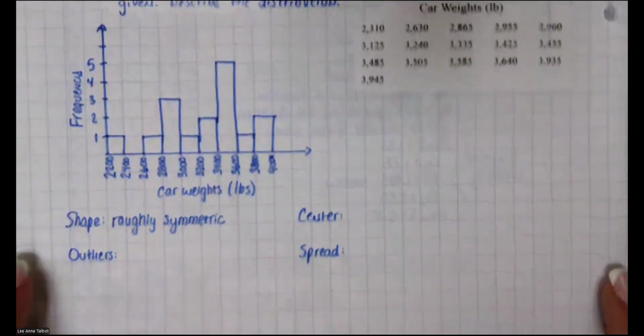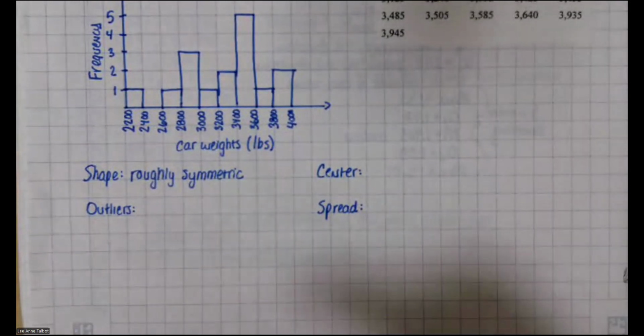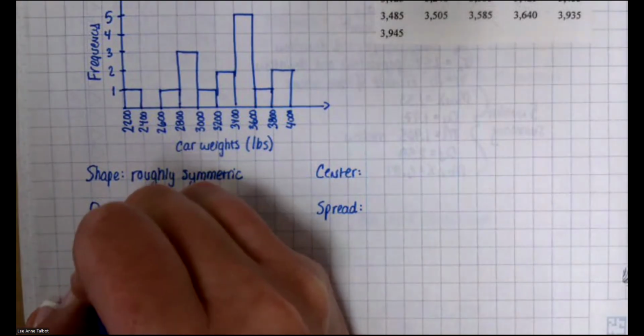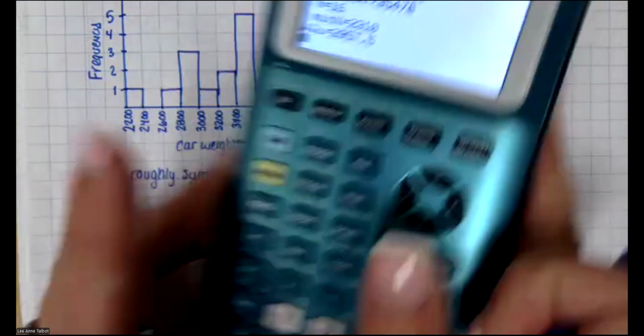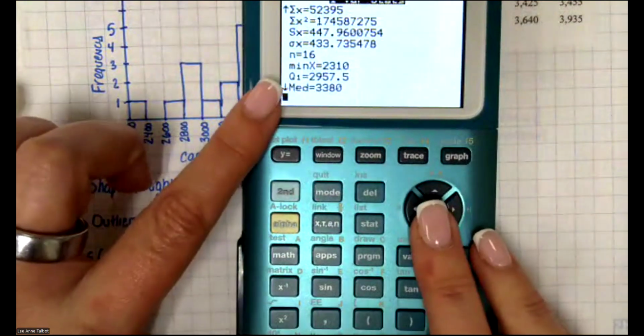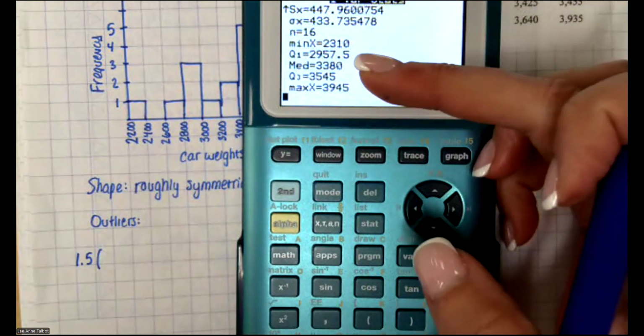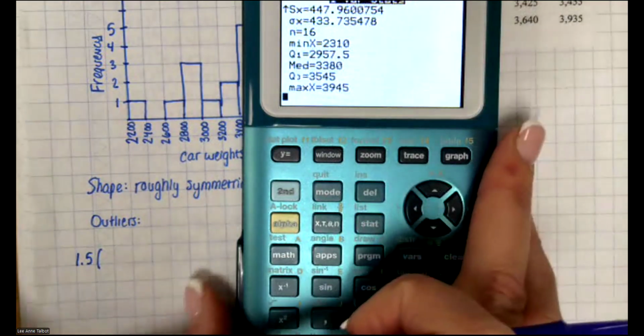Actually, maybe we should do the outliers check first. How about we do that? Okay, so 1.5 times IQR. Scroll down in your one variable stats so you can find quartile 3 and quartile 1.